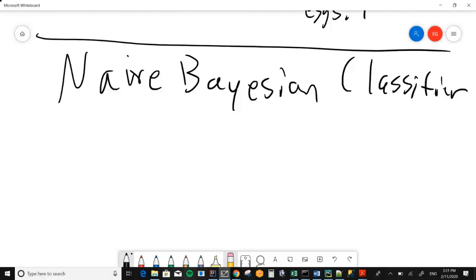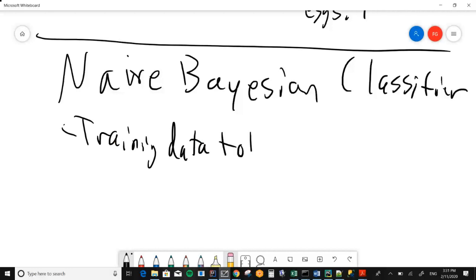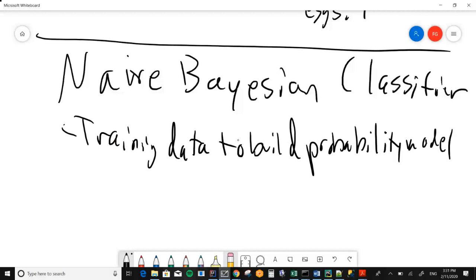So I'm actually going to talk a little bit in a bottom-up way about the naive Bayesian classifier so you can imagine what exactly it is that it's trying to do before we get into the calculations that it makes. So the fundamental idea of the naive Bayesian classifier is to use the training data to build a probability model.